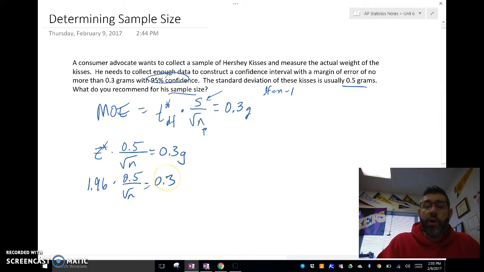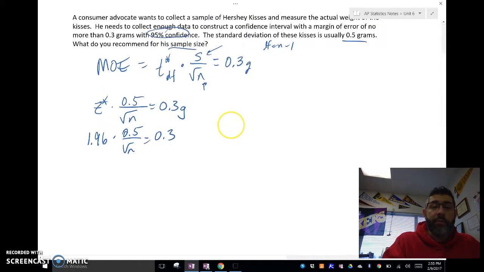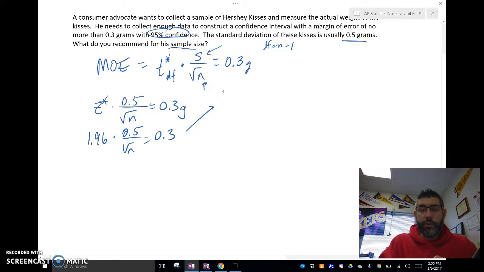And we're going to go and solve for n. So I'm going to multiply 1.96 and 0.5, using my calculator here. 1.96 times 0.5 gave me 0.98.